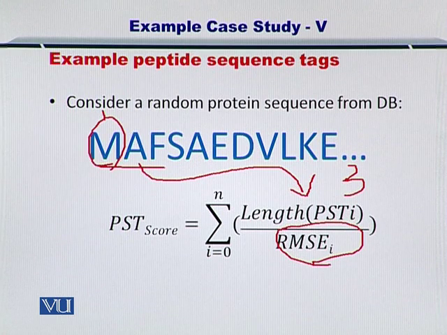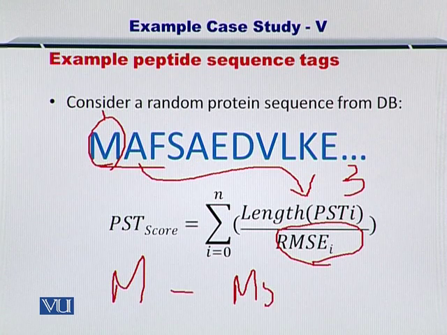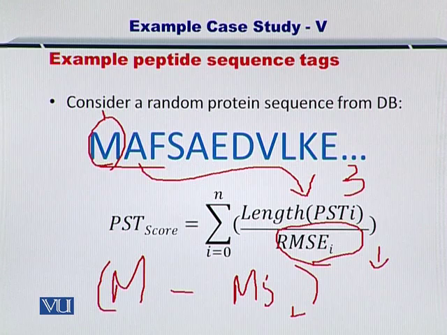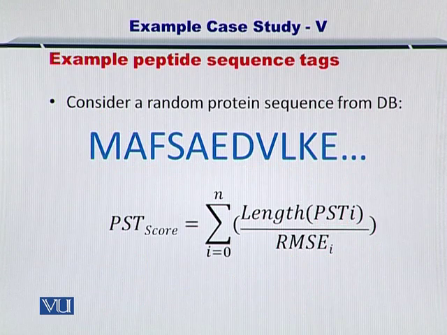So if M, or methionine, its mass minus the MS2 peak that is reported is small, then RMSE would be small. This is important because this will help you to look at the quantity and the quality both of the peptide sequence tags. So in this way you can score the peptide sequence tags for this case study.